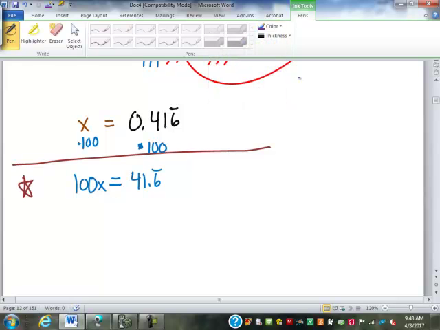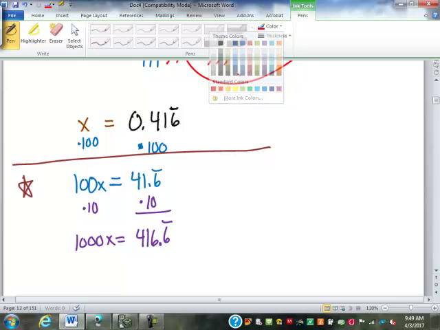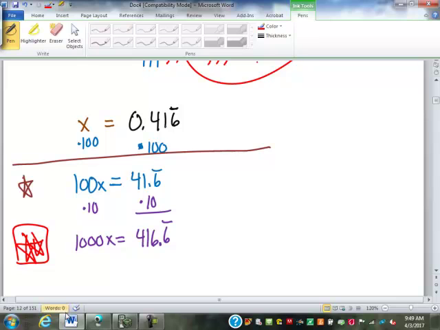Now, I still want to do the same thing. I want to move it over for the repeating decimal. There's only one digit that repeats, so I'm just going to multiply by 10. So 41.6 repeating is 416.6 repeating. 100x times 10 is 1,000x. So now here's where it gets tricky. What I'm going to subtract is not the original piece up here.